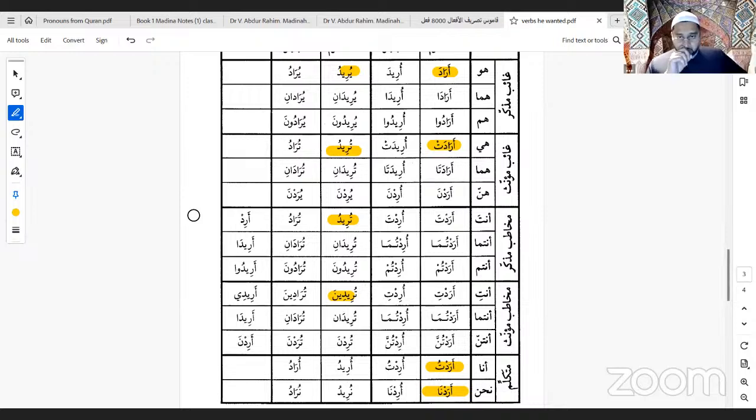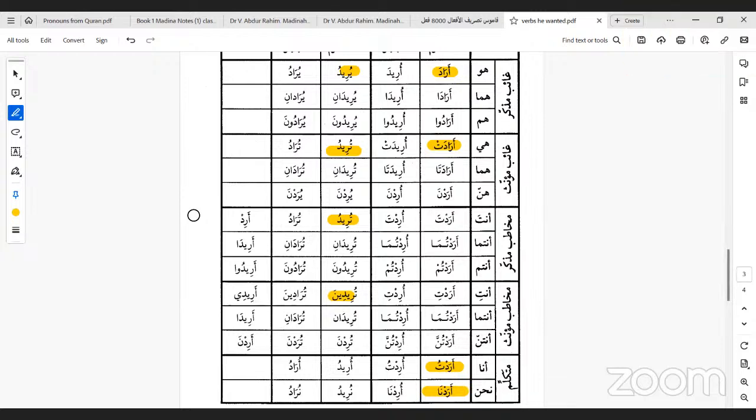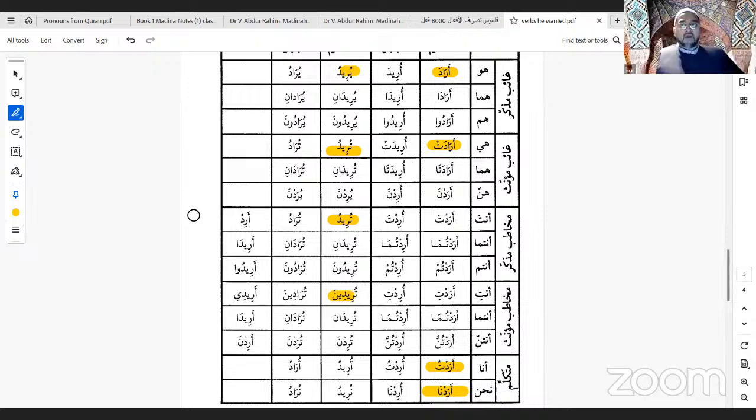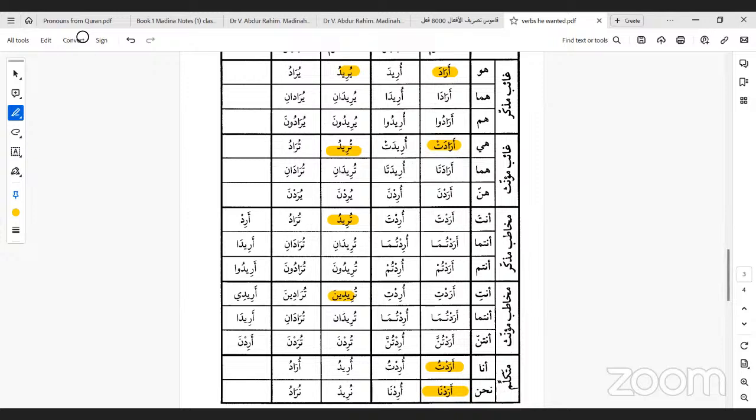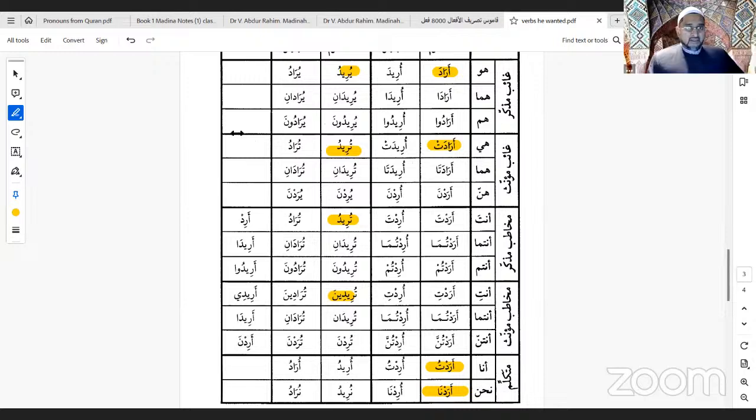Correct. Aradtu, aradna. Excellent. And then present tense will be: yuridu, yuridani, yuriduna, turidu, turidani, yuridna, turidu, turidani, turiduna, turidina, turidani, turidna, uridu, nuridu. Excellent. Thank you for that.